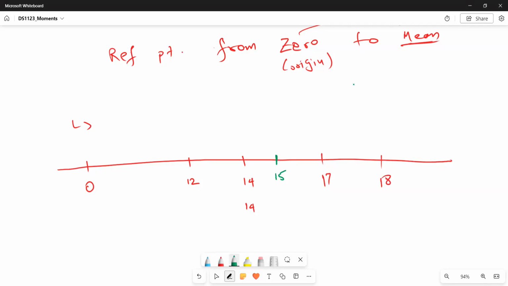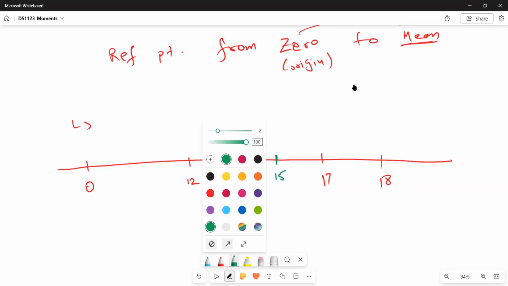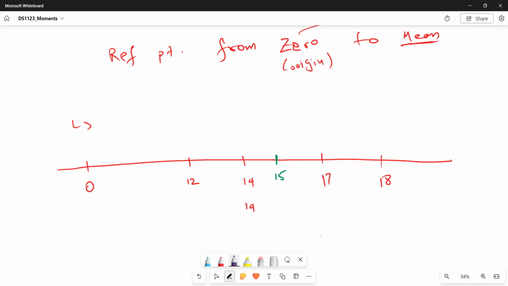Right. So here, what we are going to do is we are going to shift this origin to the mean of the data. Right. So since origin is present at 15 units of distance, this is at 15 units of distance, right?